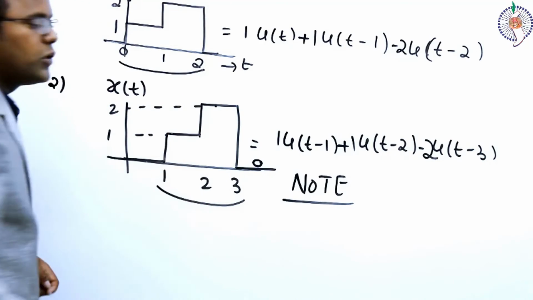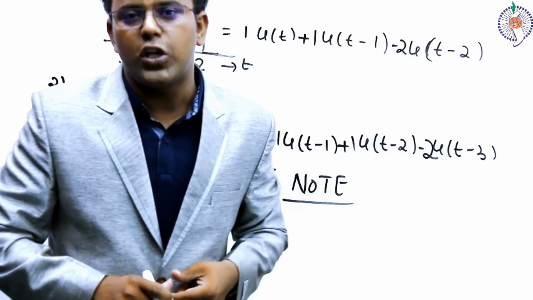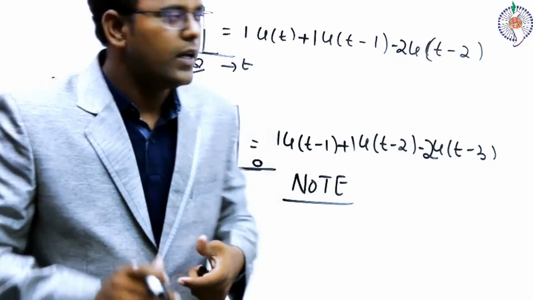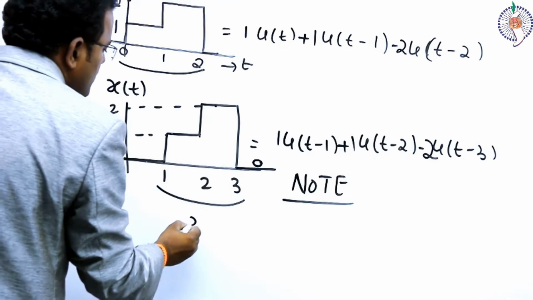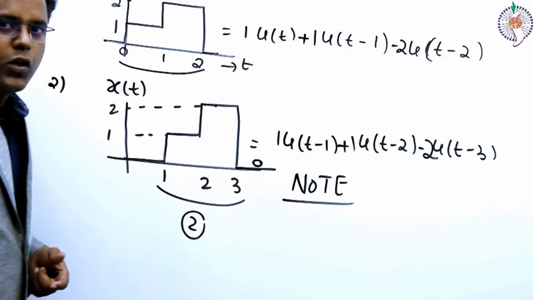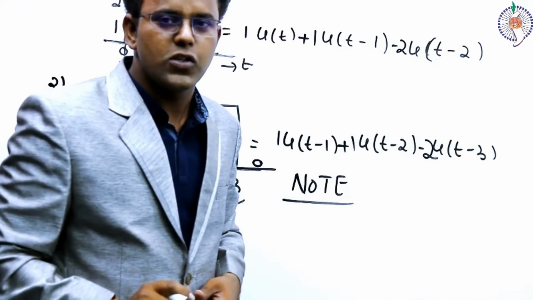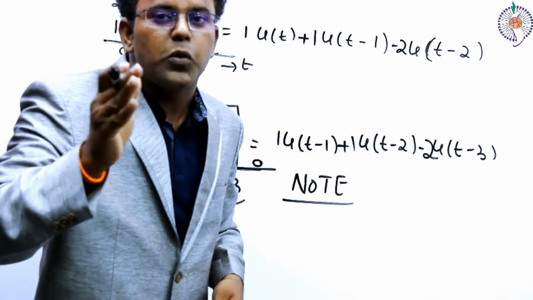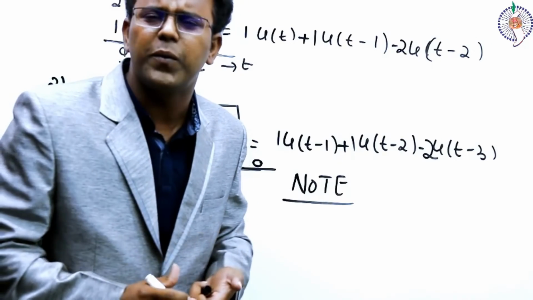Duration means how much time it is non-zero. Yes, it exists for 2 seconds. Of course, this is also 2. Is 2 a finite number or infinite number? Finite. So any finite time duration signal, not only 2, maybe 3, 4, 5.